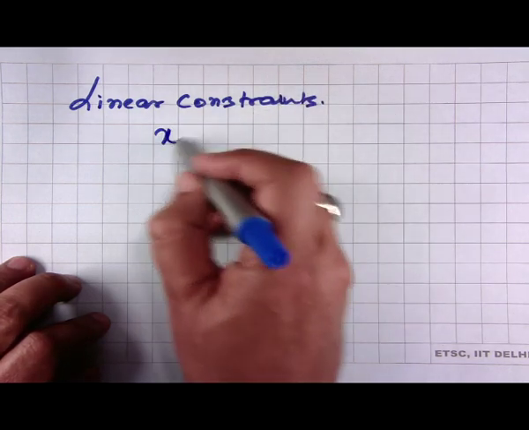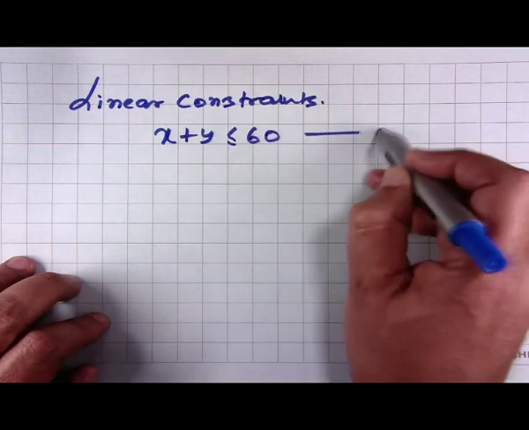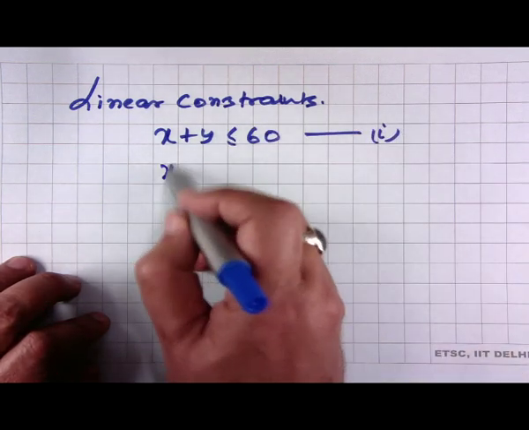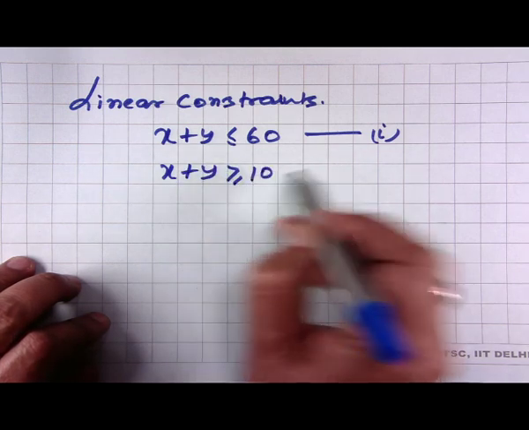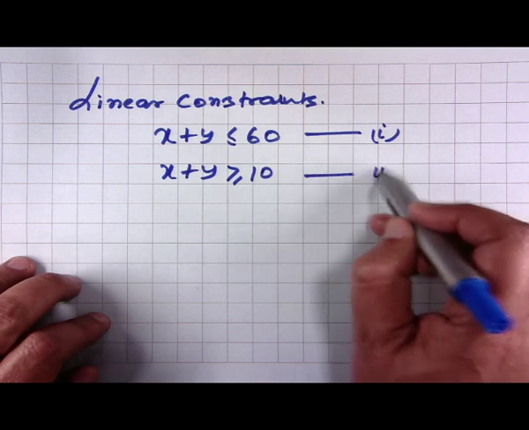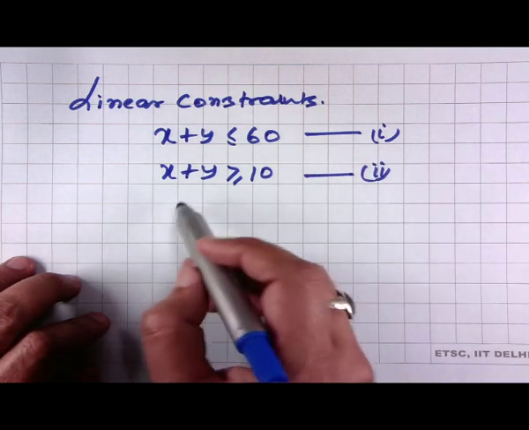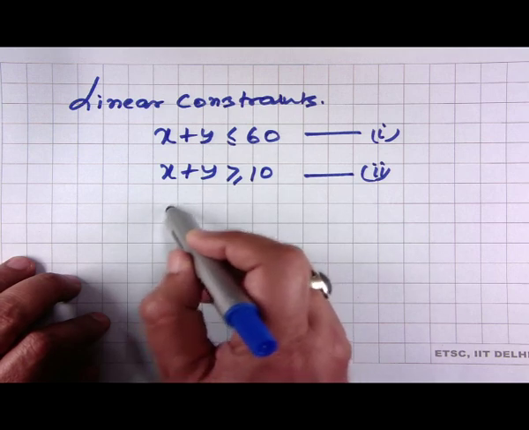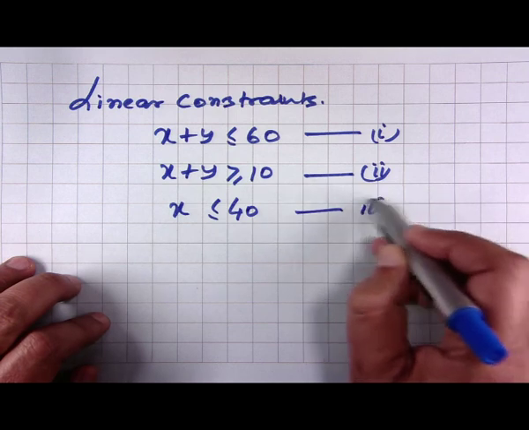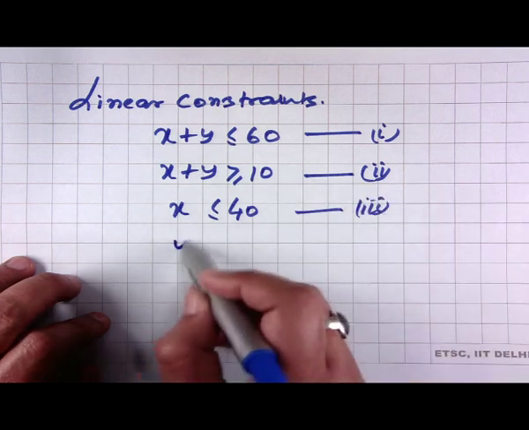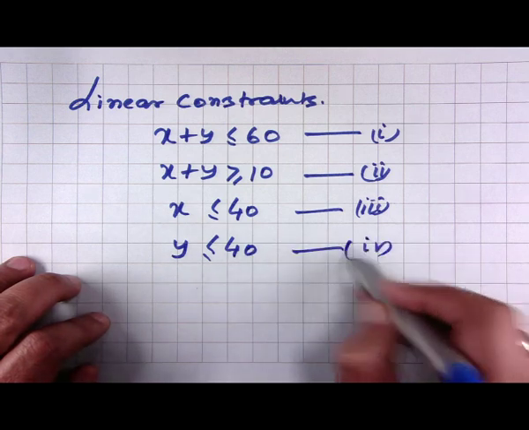x plus y less than equal to 60, say first, x plus y greater than equal to 10, say second, x less than equal to 40, third, y less than equal to 40, fourth.